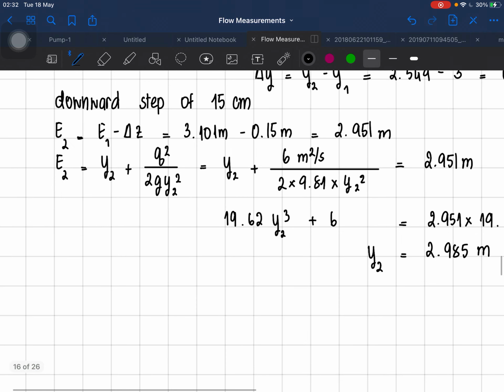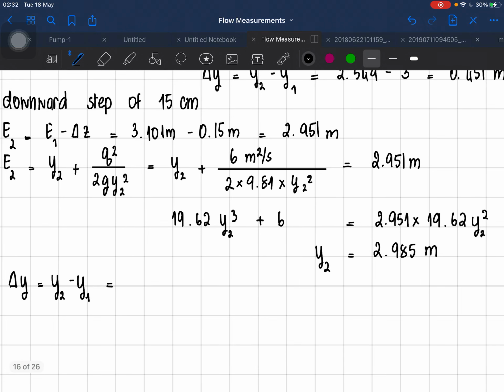So now let's do this. Delta y equals y2 minus y1 equals, minus 3.